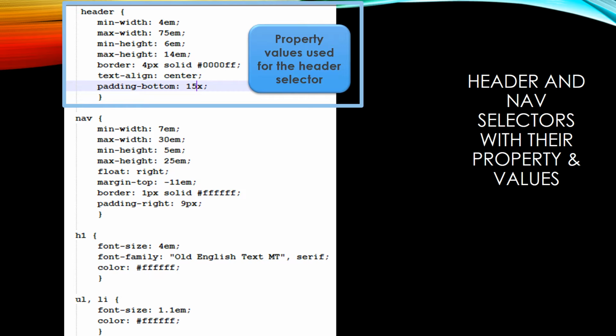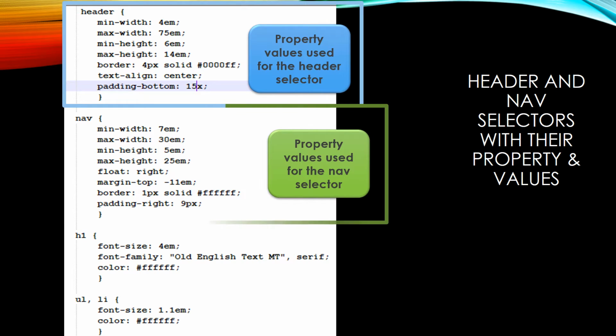These declarations contain the properties with values. The next section that we look at is the nav selector. Inside the nav selector, you have the opening curly bracket, followed by 7 declarations that show the properties and the values that are being applied to the nav section.